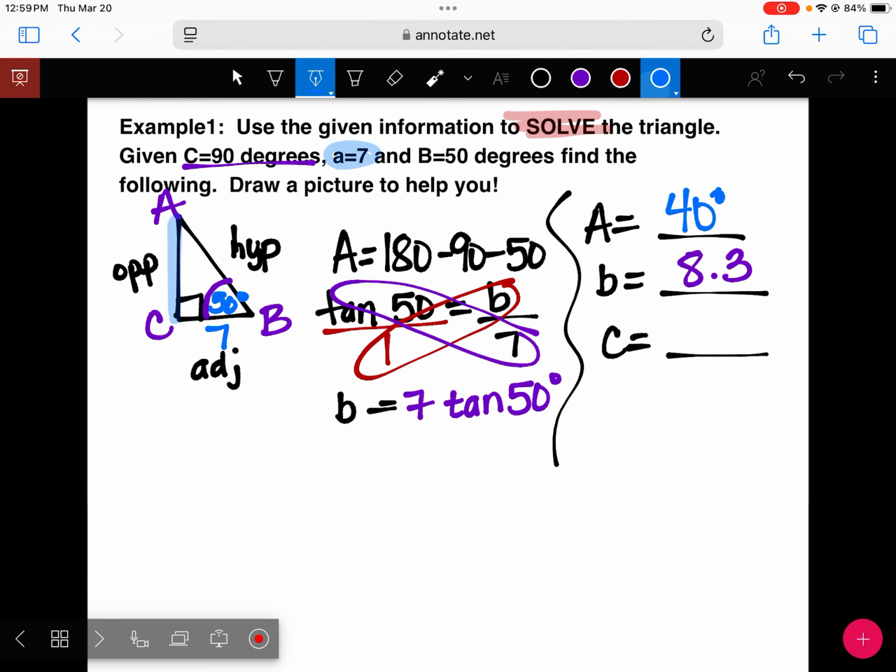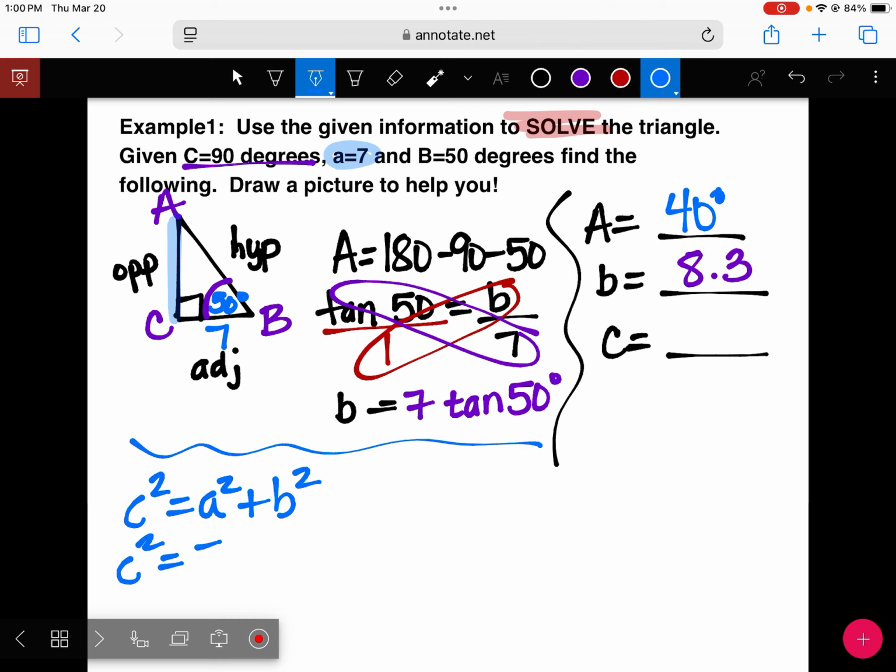All right, so at this point, you have some options to find little c, and it doesn't matter which way you do it. You could do the Pythagorean theorem, which would be c squared equals 7 squared plus 8.3 squared. That's one option. Or we can do trig.